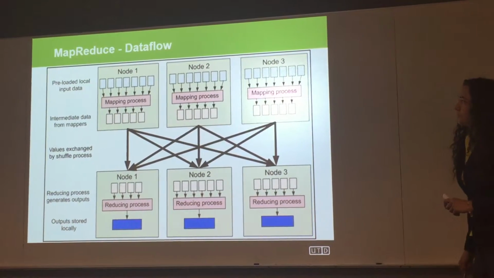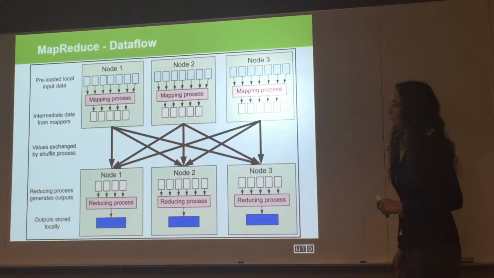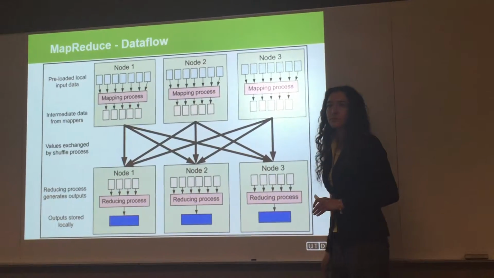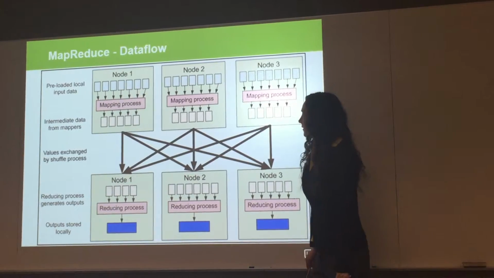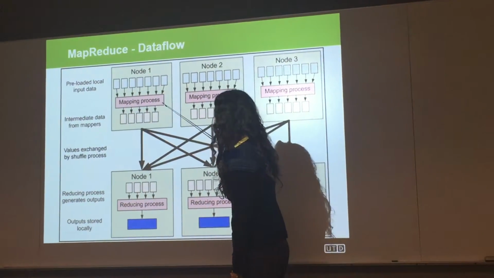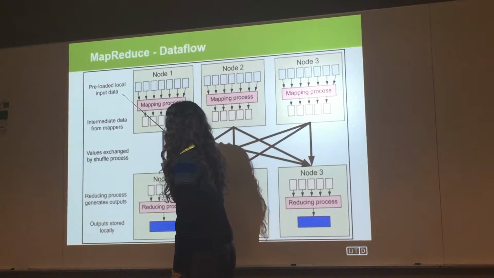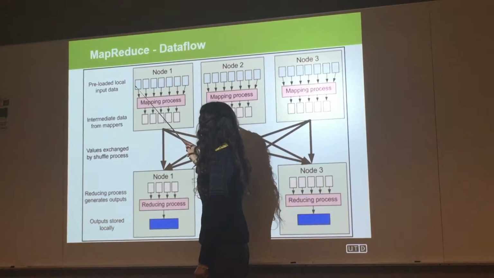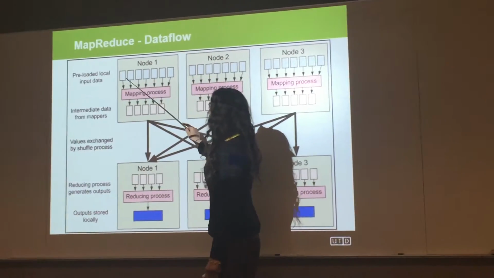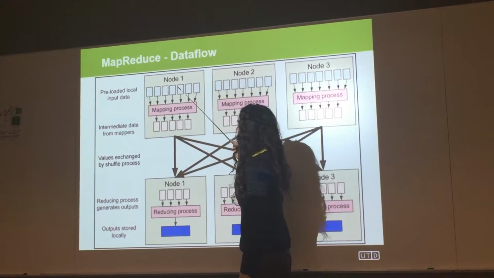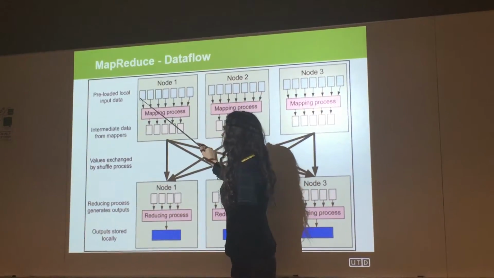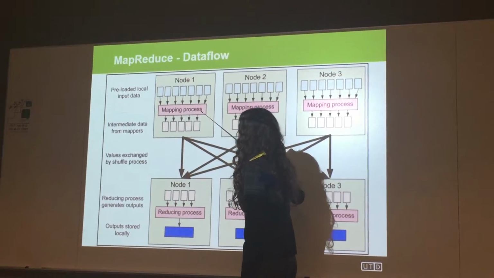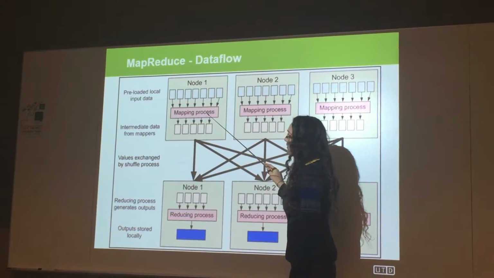How does it work? As I mentioned, each of these mappers will run on a separate node. So there is input data. These are the parts of the file. Each part is leading into a mapping process, so this is called a mapper.